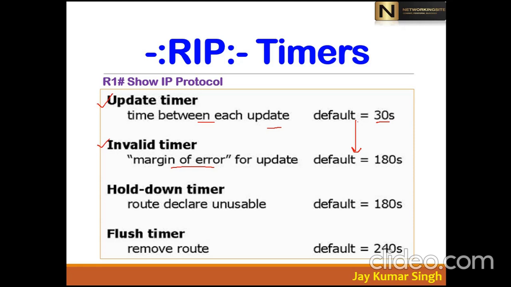I will wait 180 seconds, and if I do not receive an update from my neighbor, I will say that my neighbor is dead. So this is the neighbor adjacency timer.